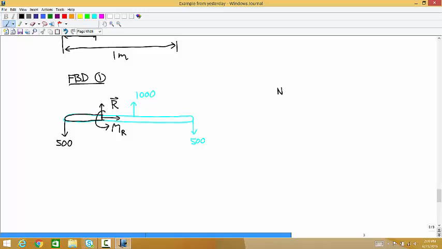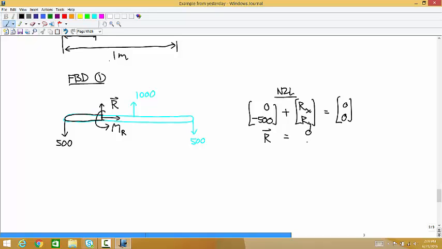So Newton's second law says 0, negative 500 plus Rx, Ry is equal to 0. So R is equal to 0, positive 500.